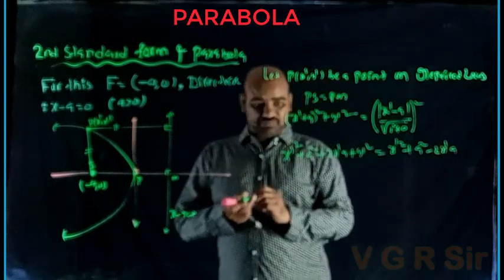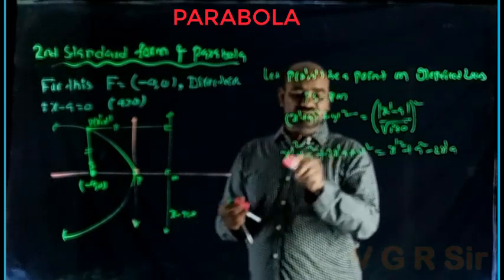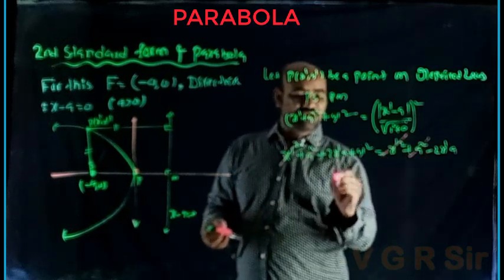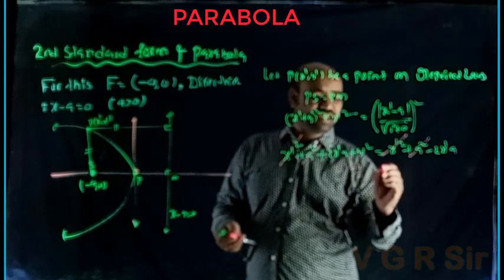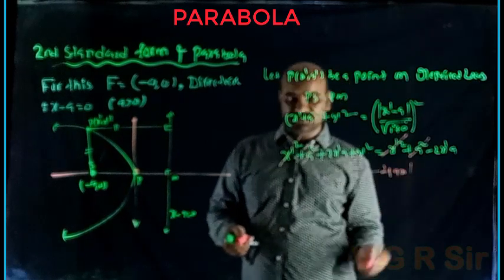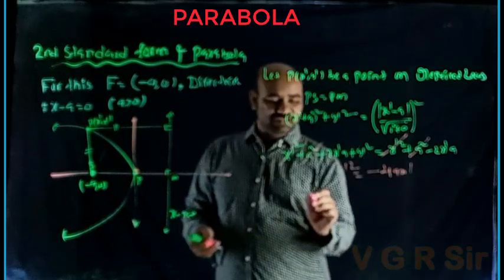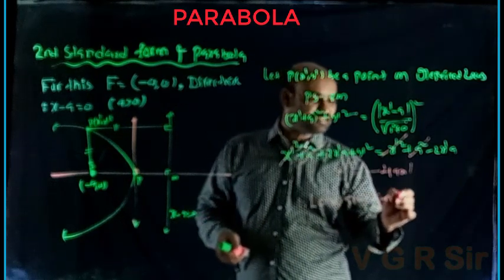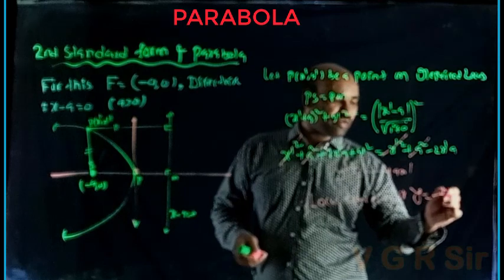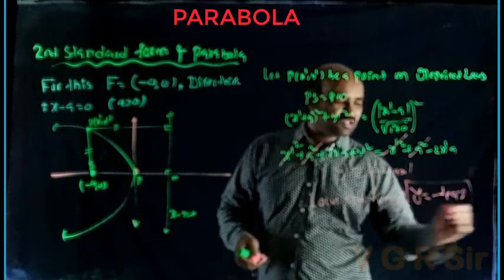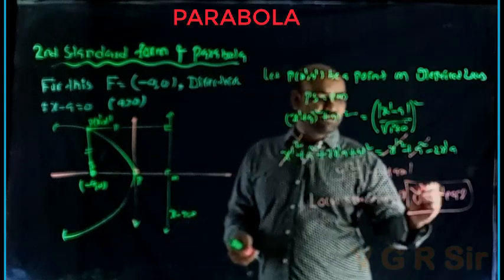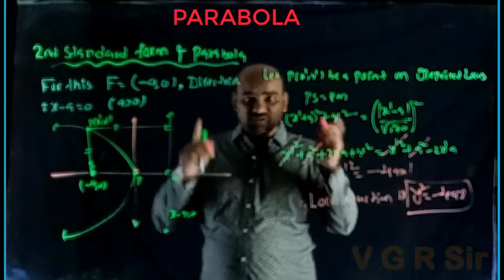So here x dash square cancels, a square cancels. So finally y dash square equal to minus 4ax dash. Therefore the locus equation is y square equal to minus 4ax. The second standard form: y square equal to minus 4ax.